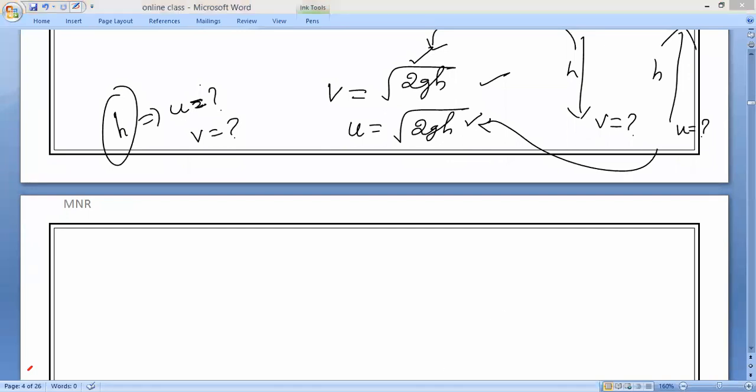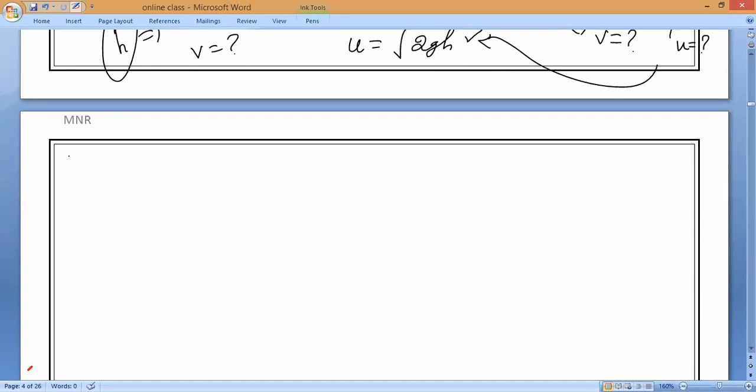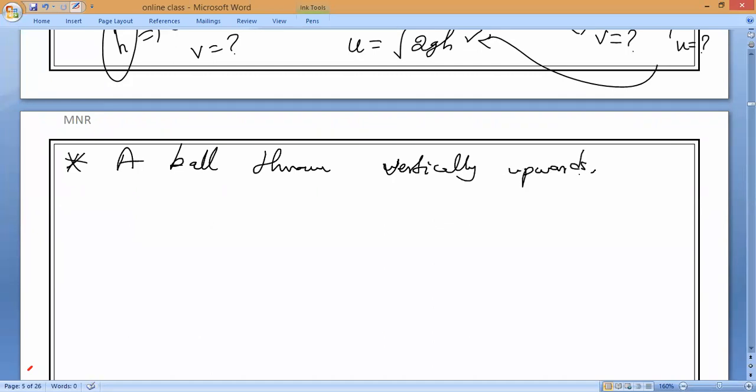A ball thrown vertically upwards. Vertically upwards means initial velocity or final velocity?